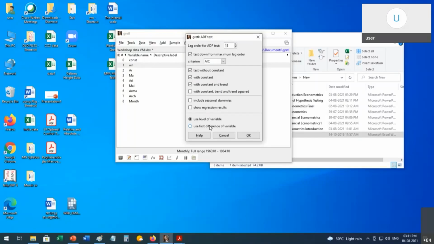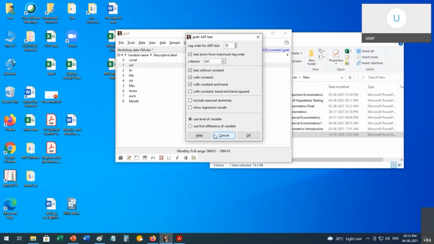So this procedure we have to continue till we find that at a particular stage there is no unit root. Then we can stop. So whenever we have the result of no unit root, then we stop, whether it is at the level variable or first difference or second difference and so on. If there is no unit root, there we stop. So that is the procedure.